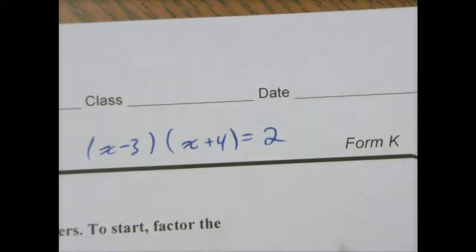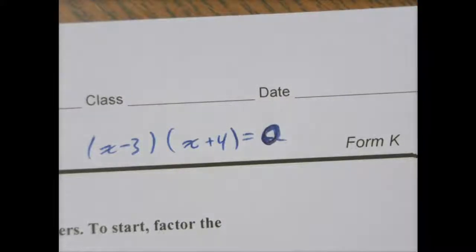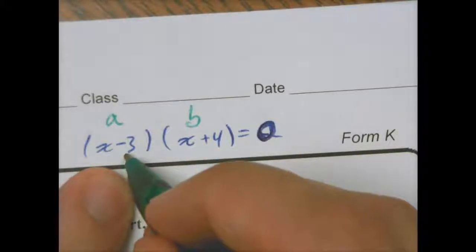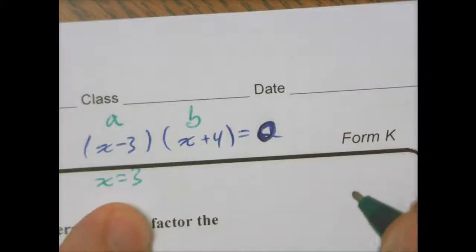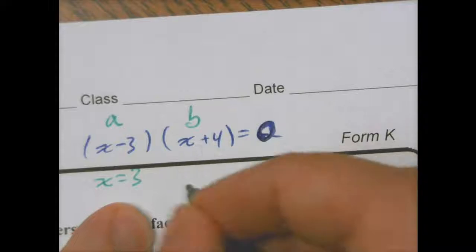Say we got down to something like this, equals 0. If this is a, and this is b, then either a, or x minus 3, is equal to 0. Well, x could be 3 in that case, because 3 minus 3 is 0, times whatever that is, 0, makes no difference.